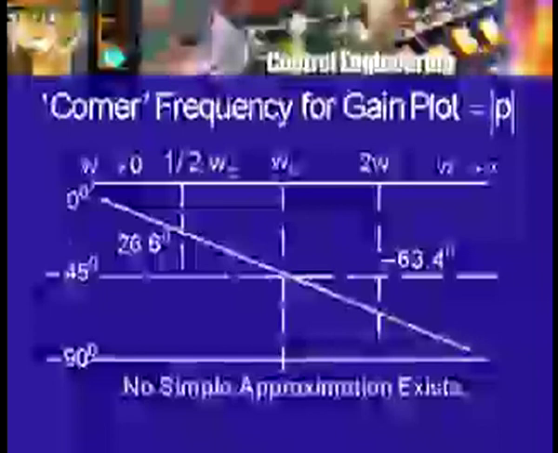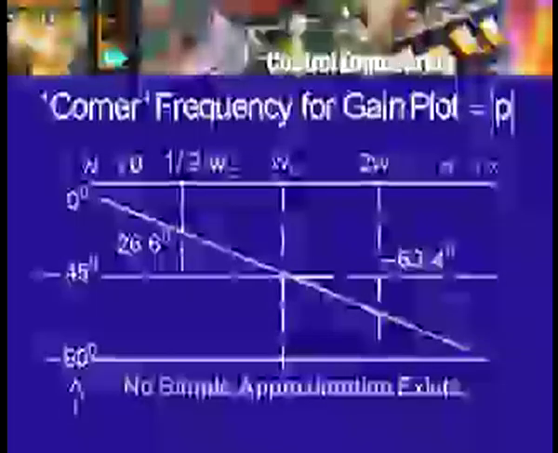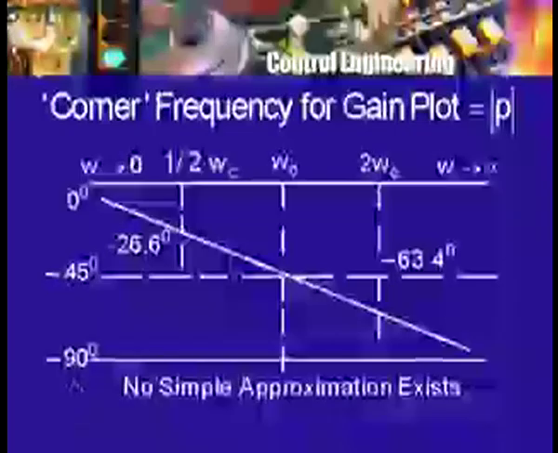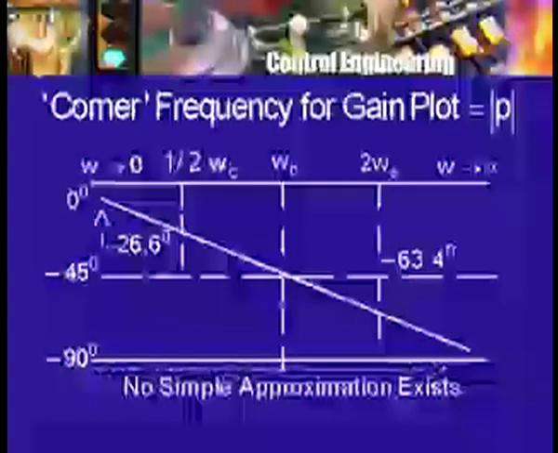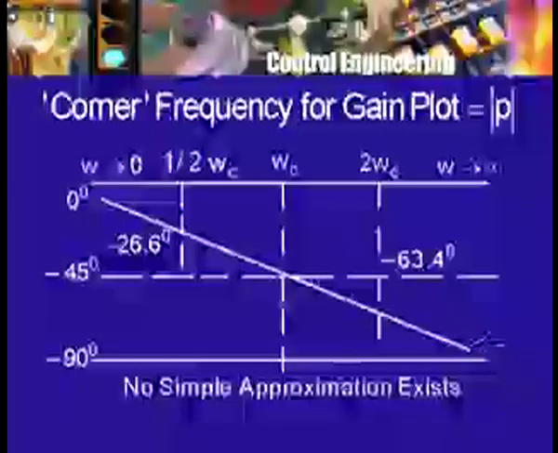And therefore, if I show this as my 0 degree line, and the phase shift is usually expressed in degrees and not in radians, then the 0 degrees line is here, and minus 90 degrees is the line here. Then I will be here somewhere for small frequency, and somewhere here for a large frequency.